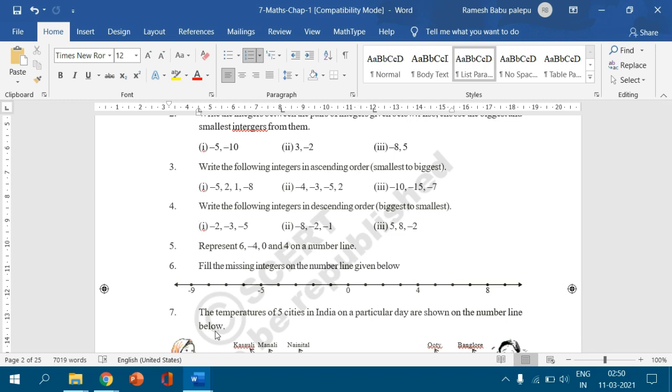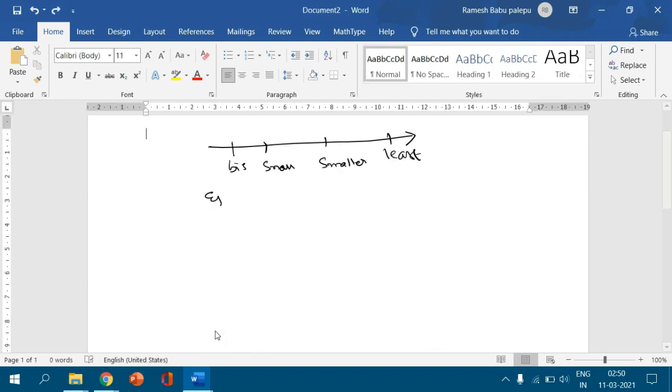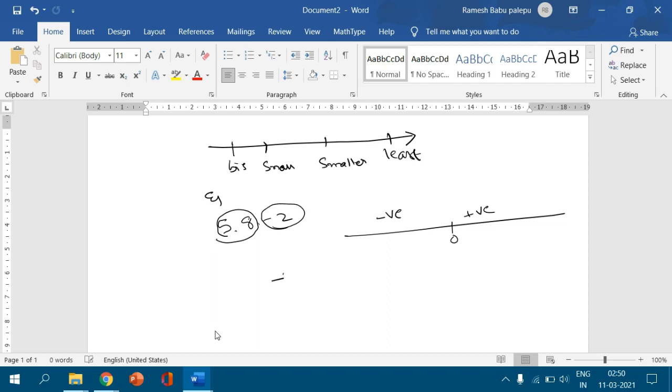The next one is given as 5, 8, minus 2. Here friends we can observe, this is the neutral point, this is the positive side and these are the negative numbers. Here there are two positive numbers and one negative number. We already said that negative numbers always have less value than positive numbers.